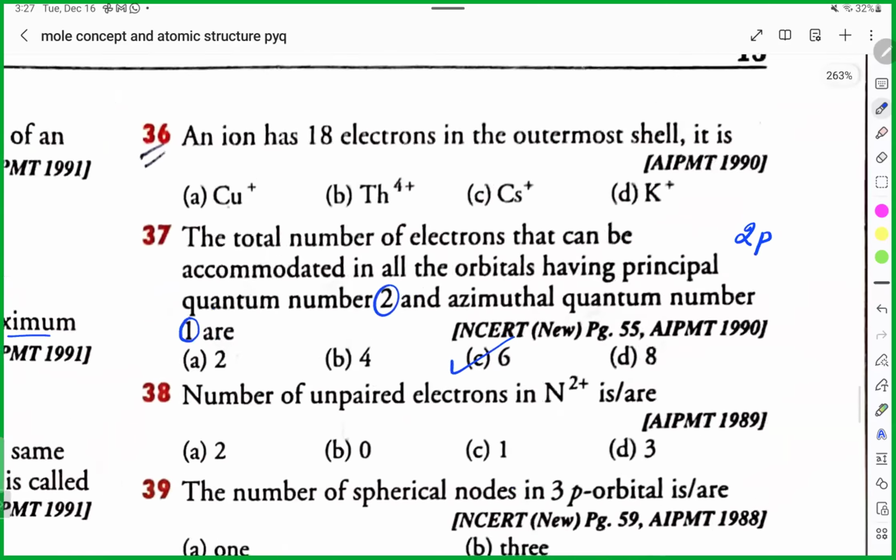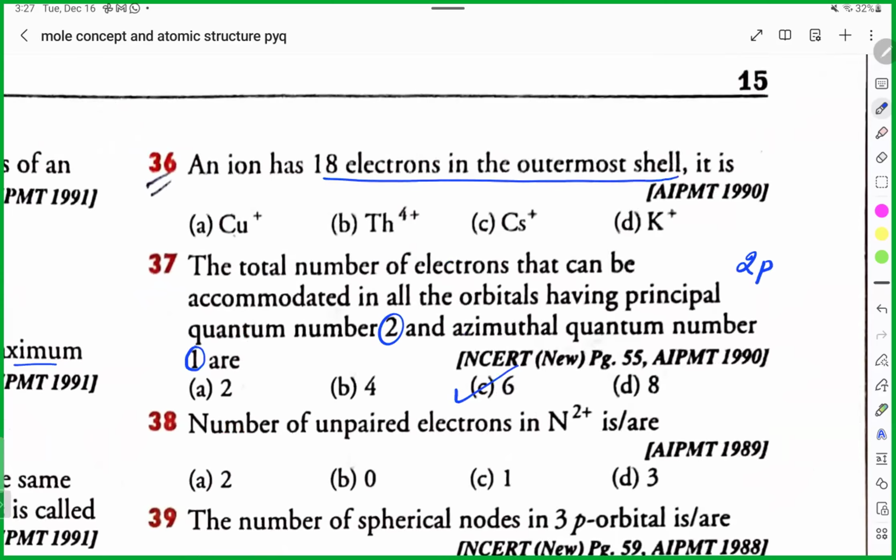Barinder, question 36. Which ion has 18 electrons in the outermost shell?